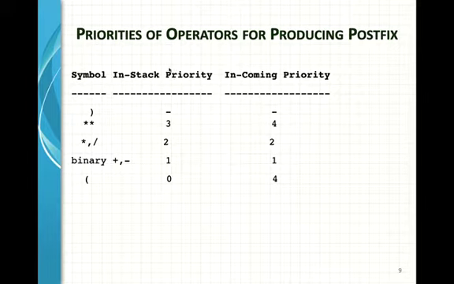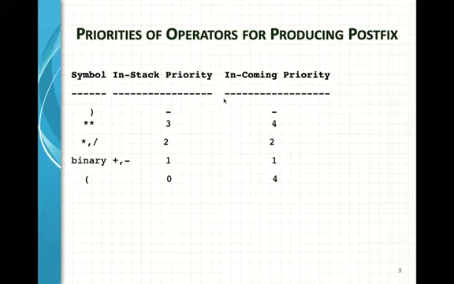So what do we mean by instack priority? Whenever any operator is in the stack, it has some priority, and incoming priority is for whenever some operator is just in the expression, still not in the stack.